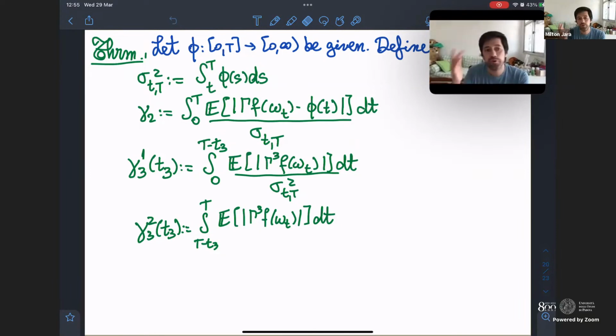If your generator is an approximation of the Laplacian, for example, the second variation goes to the square of the gradient, and the third variation and all the other variations go to zero too. Therefore, this type of result is not that meaningful in the context of diffusions, but you can also do Levy processes maybe. For Levy processes, these variations make sense, and then you can start to think about this type of thing.